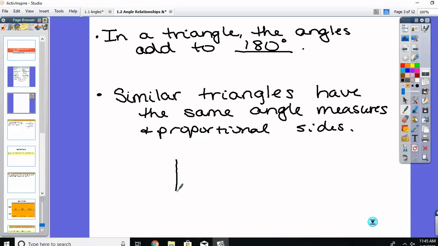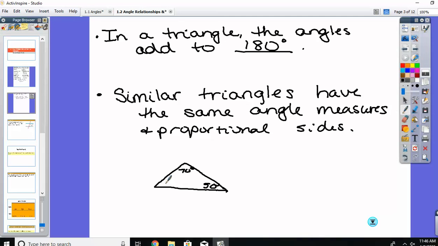For instance, let's say I gave you a triangle. And I told you this angle was 50 degrees, this angle was 70 degrees.